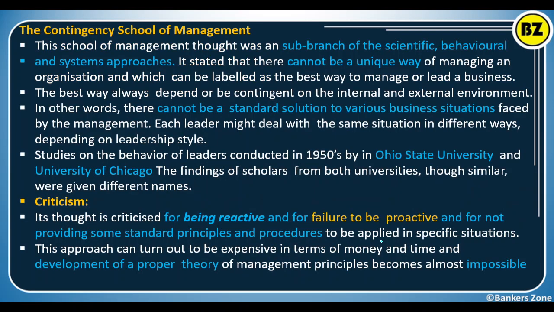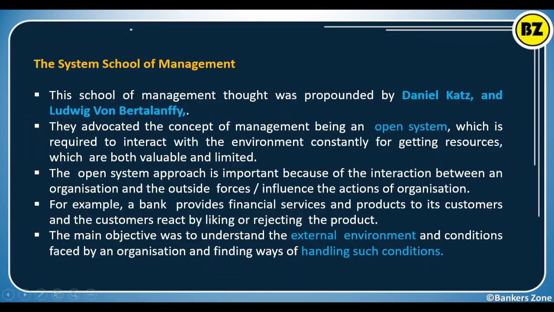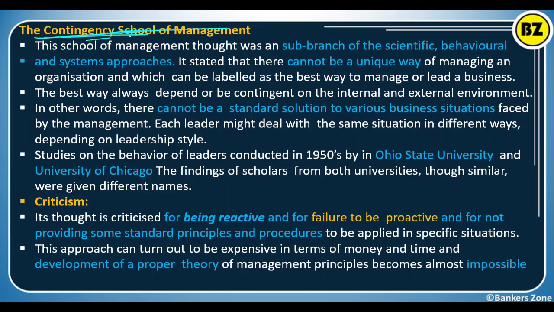Now see the contingency school of management. What do you mean by contingency? Here, school refers to a thought process. It is not the school where you go at age 7 or 8.